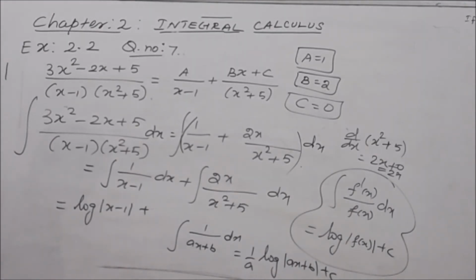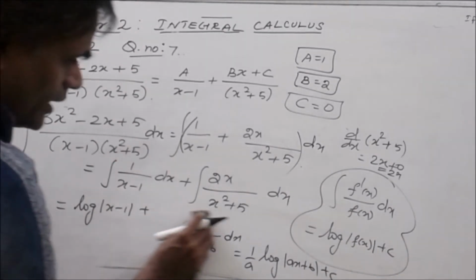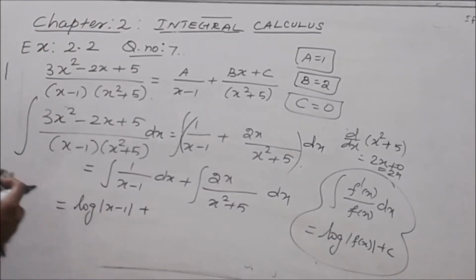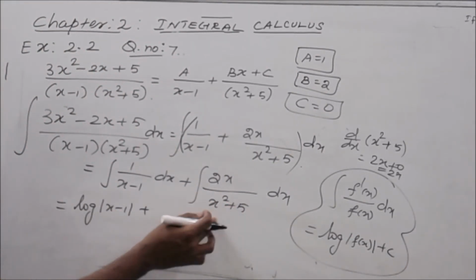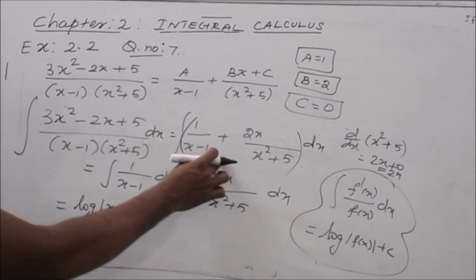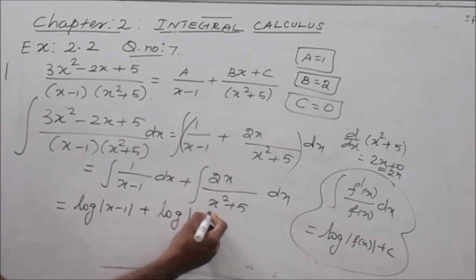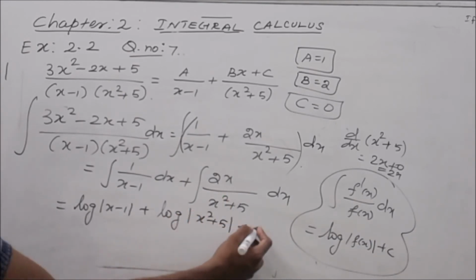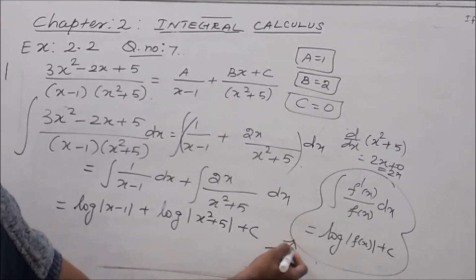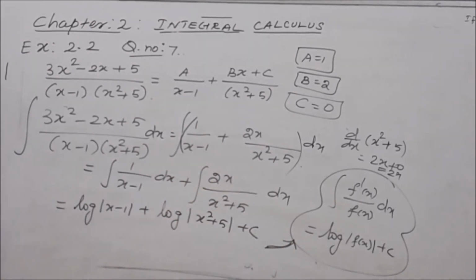So 2x by x² plus 5 has its derivative in the numerator, and by this formula we get log of modulus of x² plus 5 plus c. By use of this formula, we are calculating the second fraction's answer.